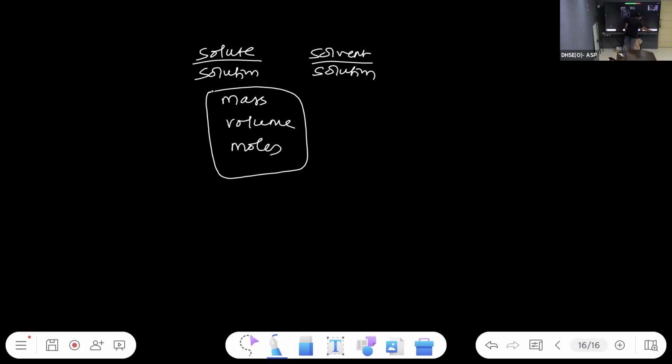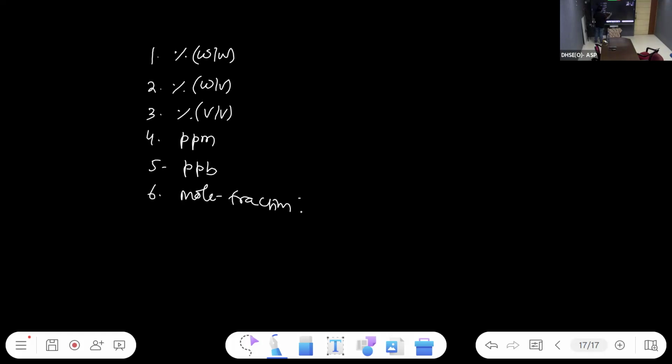So what are the concentration units? First, percentage weight by weight. Second, percentage weight by volume. Third, percentage volume by volume. Then parts per million, parts per billion, mole fraction. Mole fraction is represented by chi, which we write as small x.